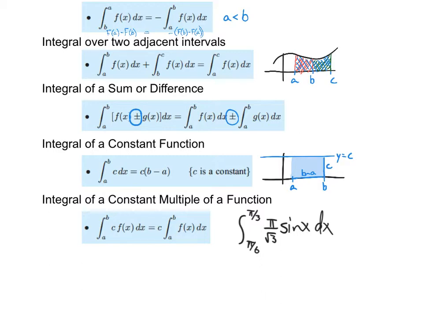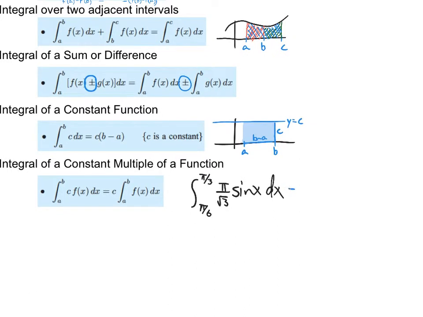So what we are able to do with this property is pull that pi over root 3 out and just do the integral of sine of x from pi over 6 to pi over 3. Then you're able to do 90% of the work here with just leaving this pi over root 3 on the outside.